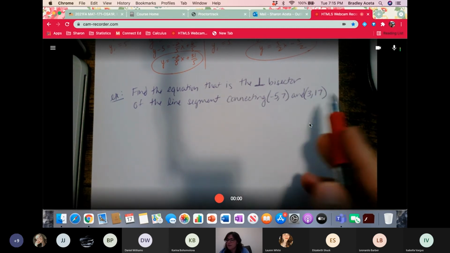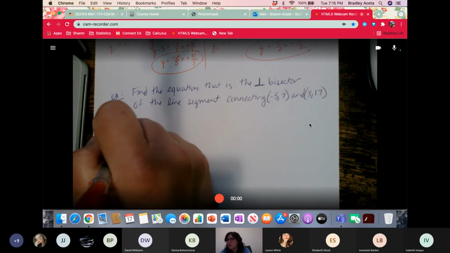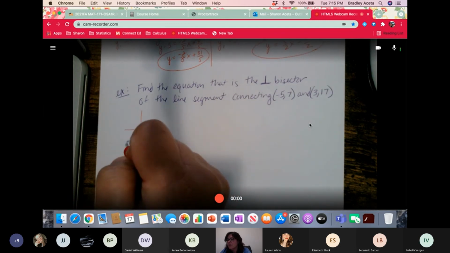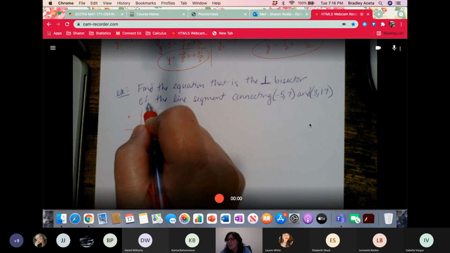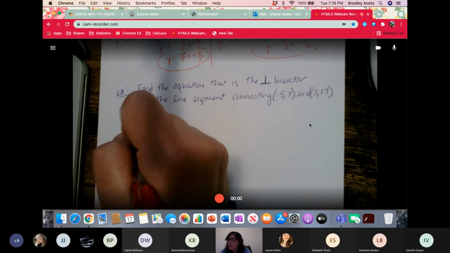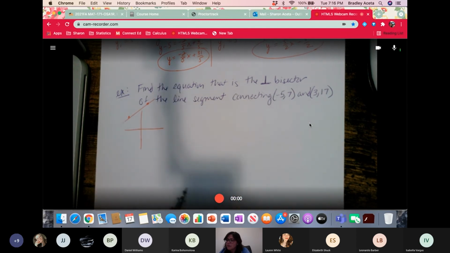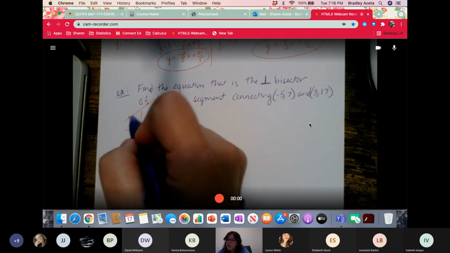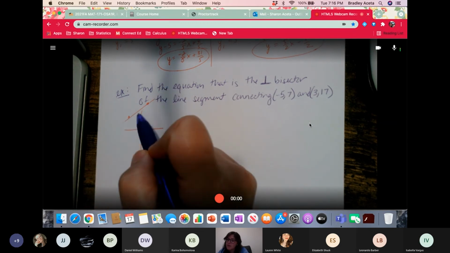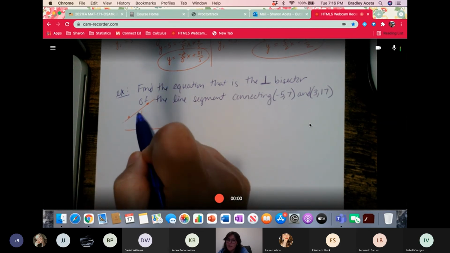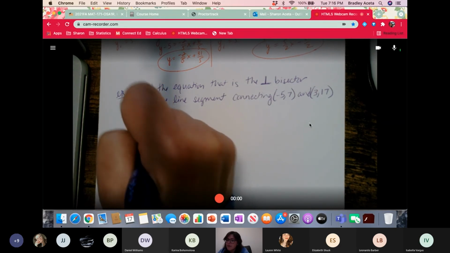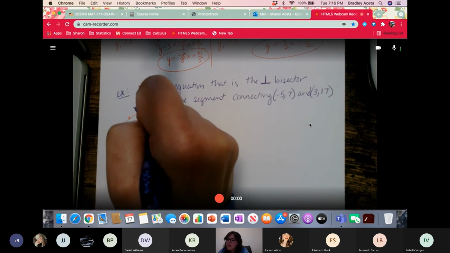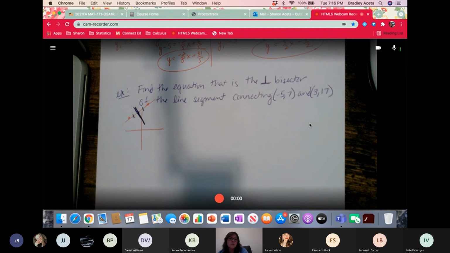Connecting (-5, 7) and (3, 17). So, let's see if we can think about this. (-5, 7) is up here somewhere. (3, 17) is like way up here somewhere. And you need to be able to take this line segment and go to the bisecting point and find out that perpendicular bisector, that line that would cut it so that these two pieces would be cut in half.